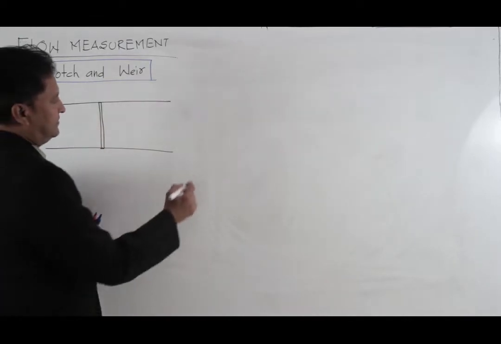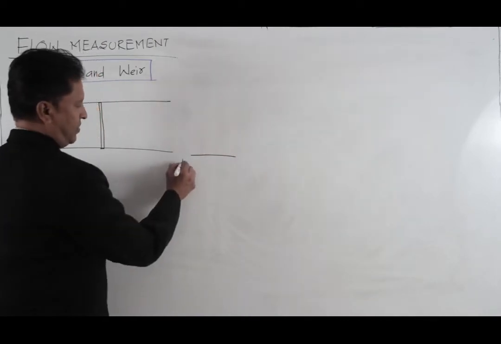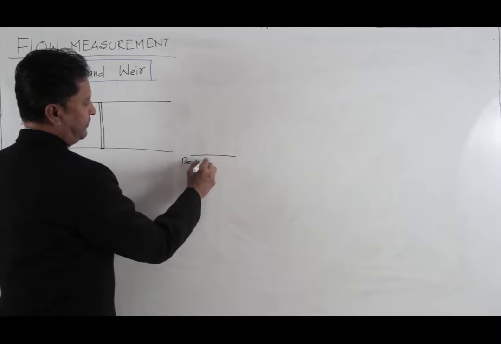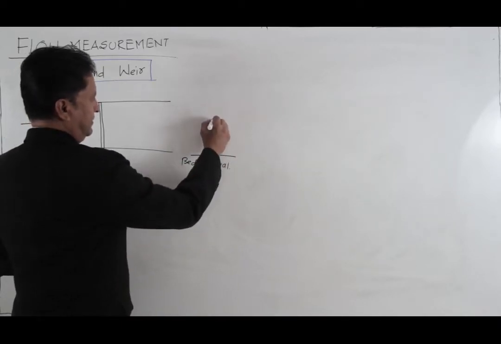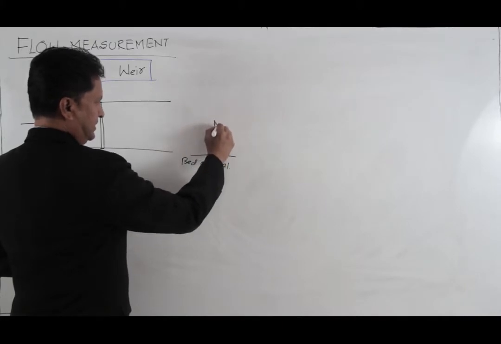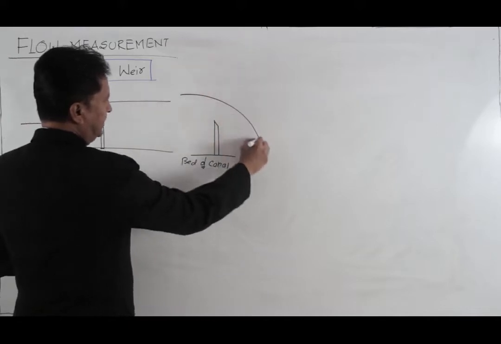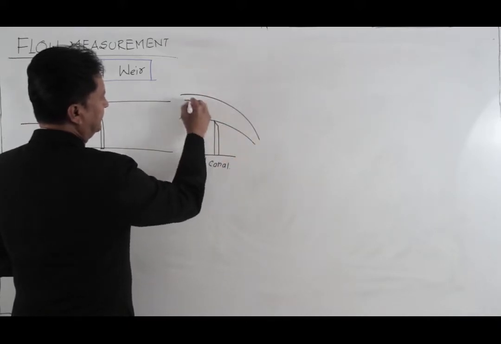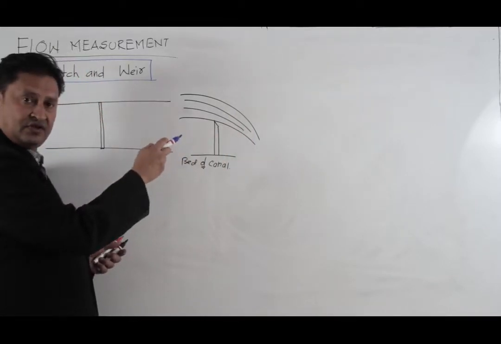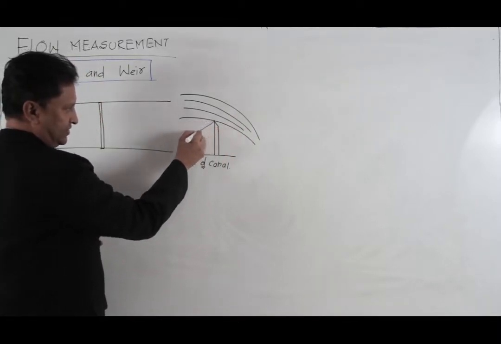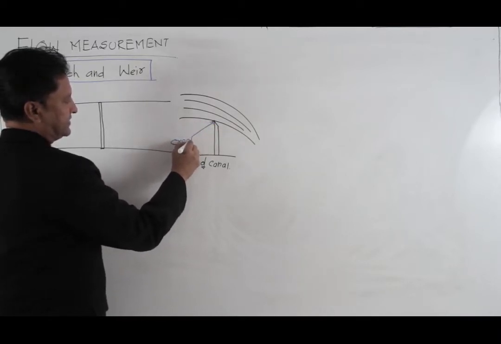In a sectional view, you will find that if this is the bed of the canal or say flume, then this will be a section of a notch, and now the liquid is flowing above this. So the top edge of the notch, this one is the top edge. This is called the crest.